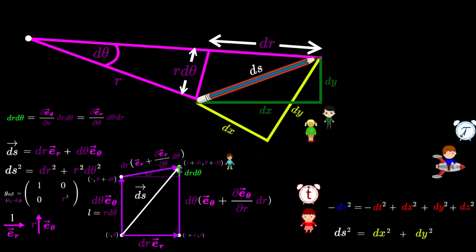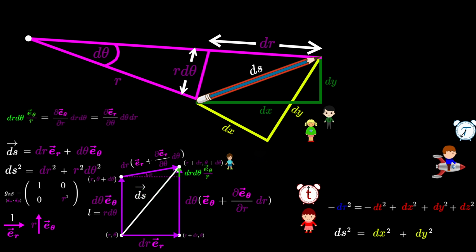The quantity dr d theta is actually a vector quantity. It is pointing in the theta direction, so we can use the theta basis vector to indicate this. However, the theta basis vector has length r, so we divide by r in order to give it unit length.